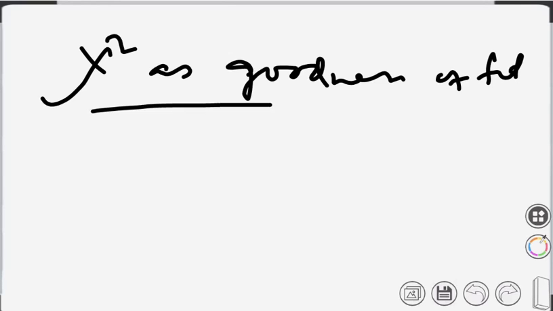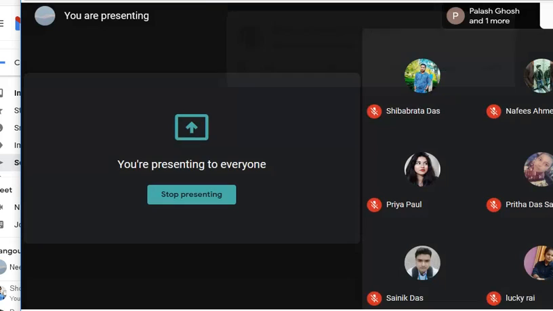Now what does it mean, chi-square as a goodness of fit? Let's give an example of how chi-square can be treated as a goodness of fit. Please write a problem like the one I'm giving. Then I'll explain what the chi-square goodness of fit problem is, and then we can go into solving some other problems.